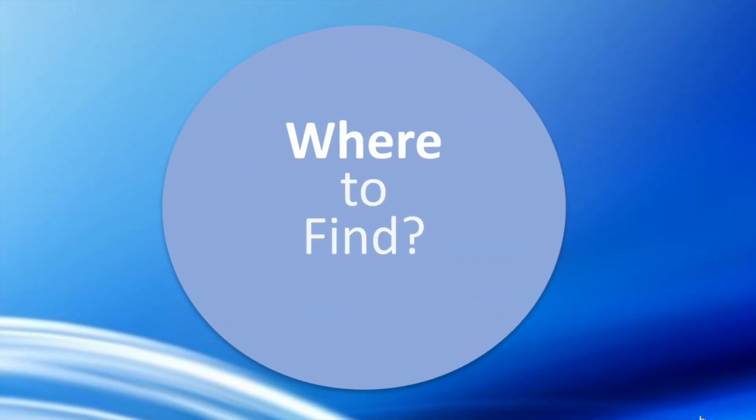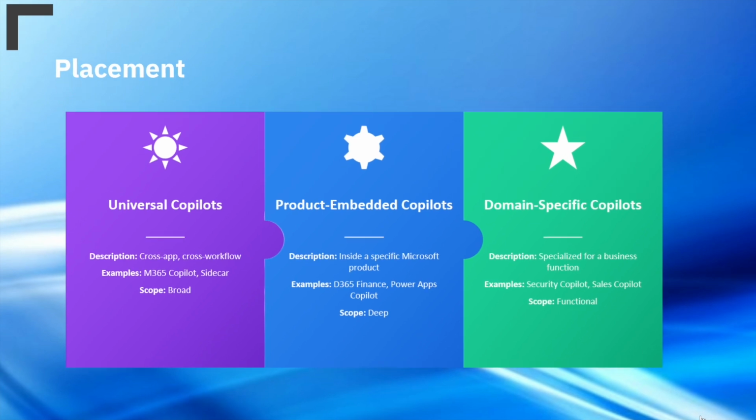Another question when we decide which copilot to use is where to find it. We have three types of placements. We can start from the universal copilots. The difference with universal copilots is that it knows a little about everything.